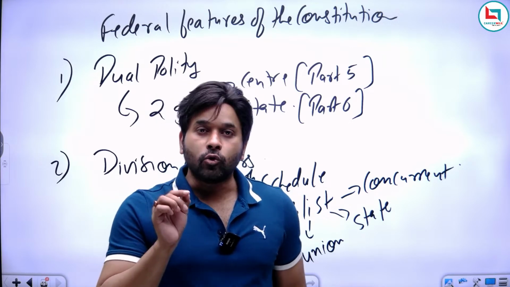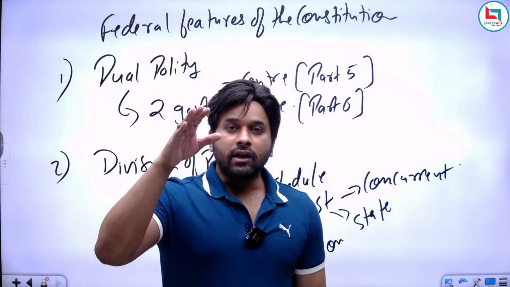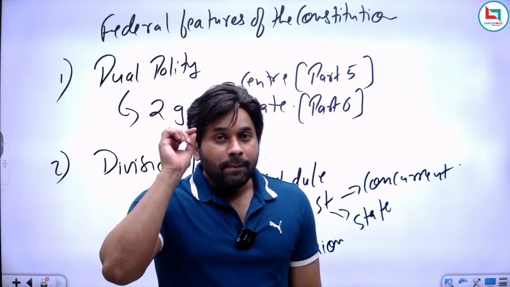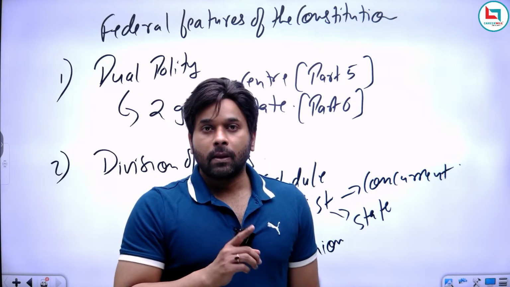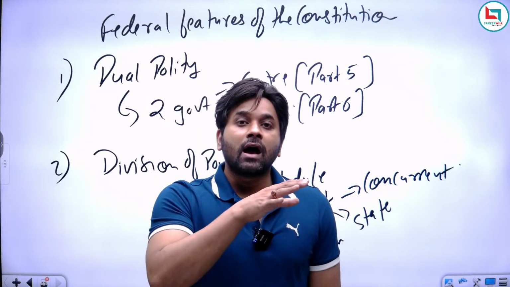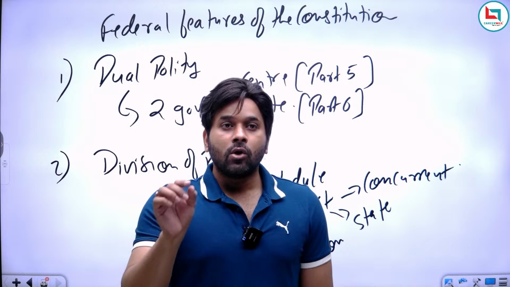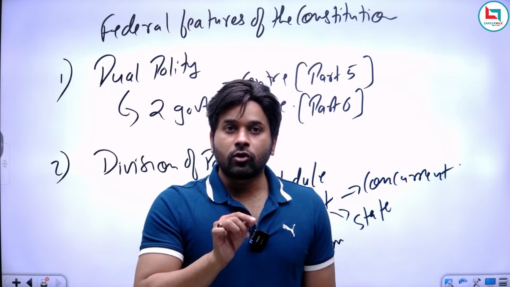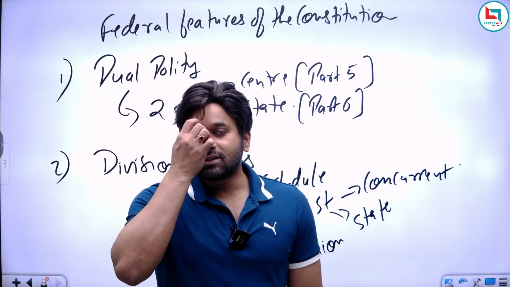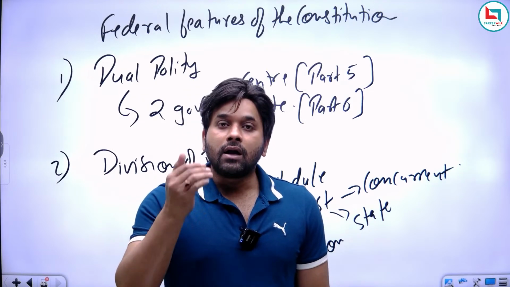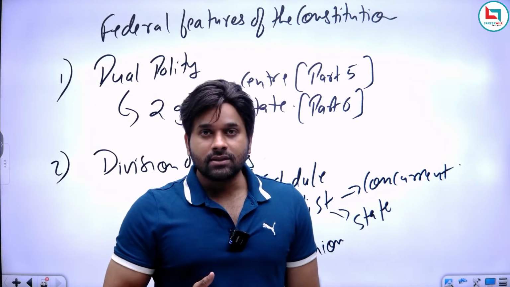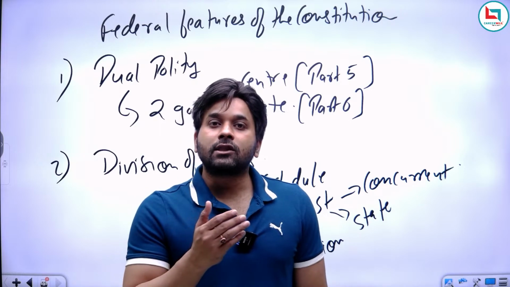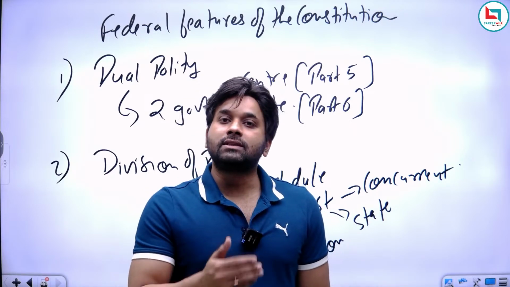When I said union list, only the parliament has the authority to make laws. But when I say state list, I am saying under normal circumstances, only the state government has the power to make laws on state subjects. Why am I saying this? Because under abnormal circumstances, the parliament has the authority to make laws on the state list.